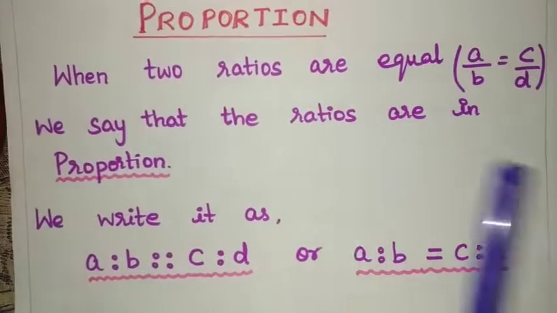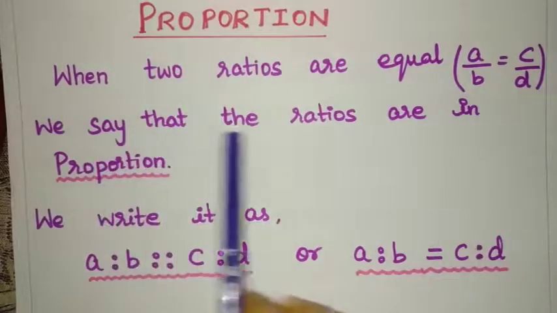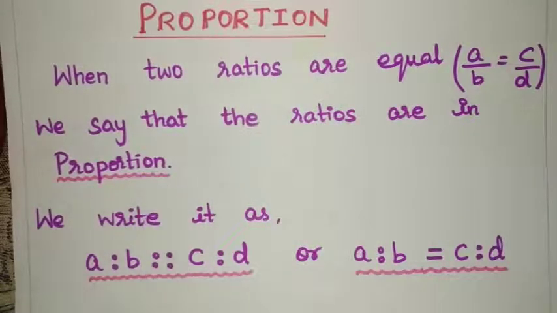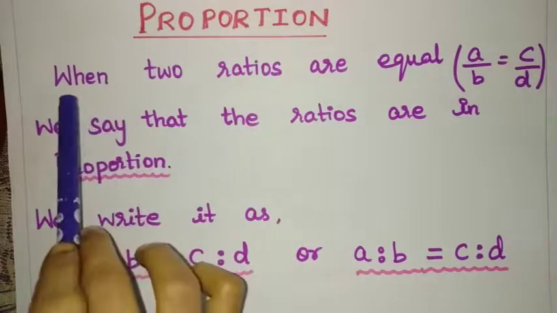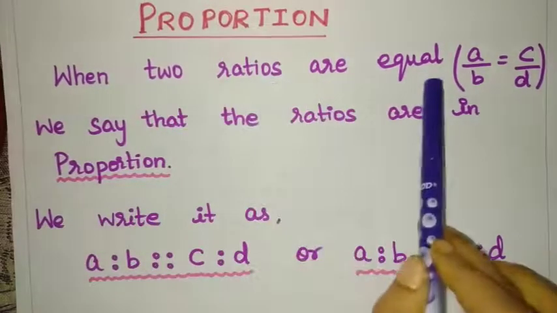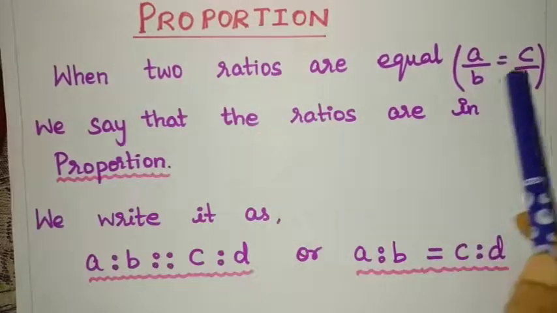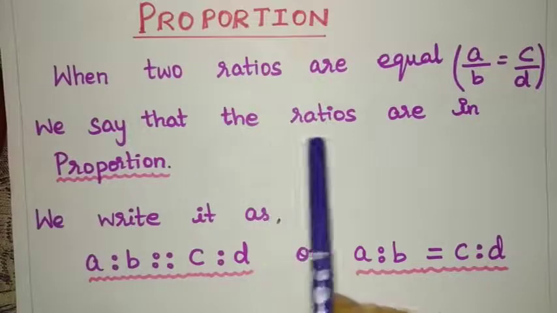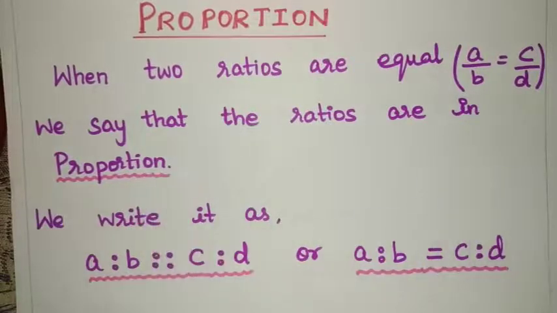Is it clear? Okay. Two ratios are equal. We say that the ratios are in proportion. If we have two same ratios, then we can say that those two ratios are in proportion. Once again, I'll read it. When two ratios are equal, that is A by B equal to C by D, we say that the ratios are in proportion.